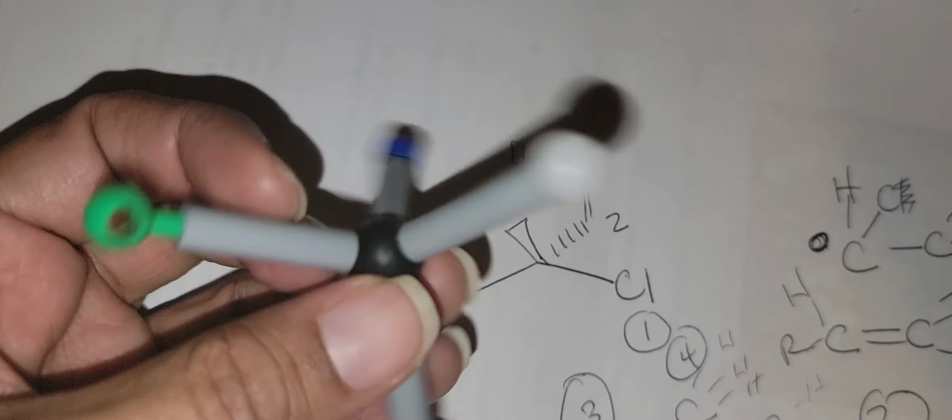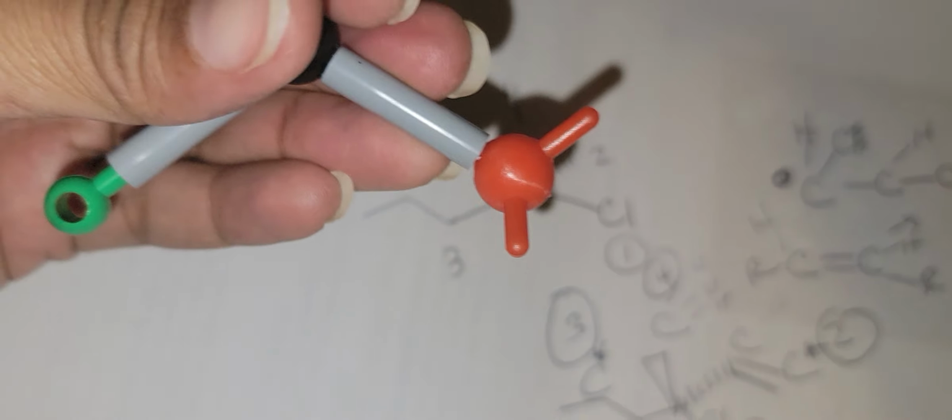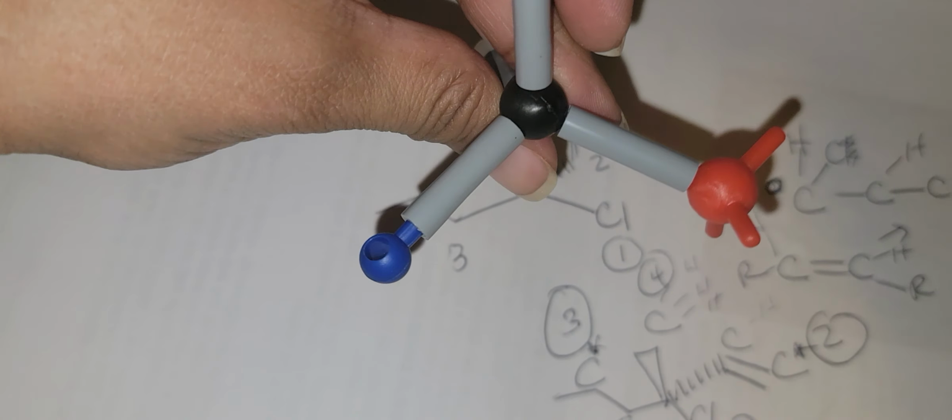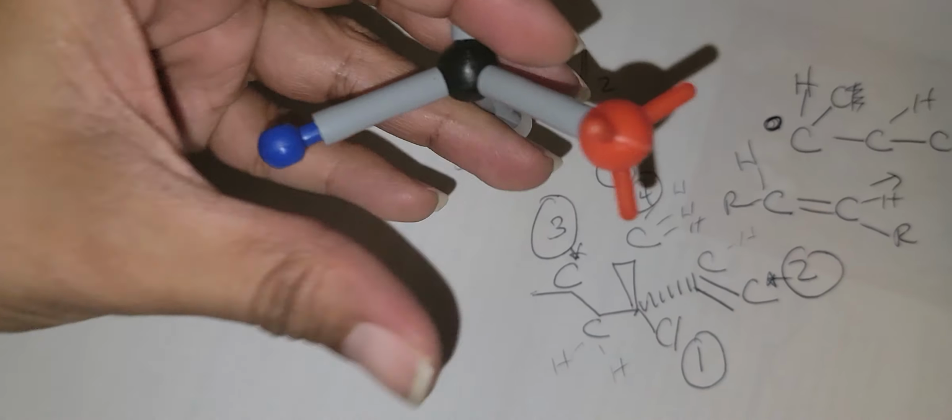So I'm going to make sure that my chlorine is flat in front of me. I'm using my hand to show you some perspective. So chlorine, and then number 3 should be my blue. So I'm going to make my model. You may need to rearrange one of the models you pre-made. So red is going to be flat in front of me, right?